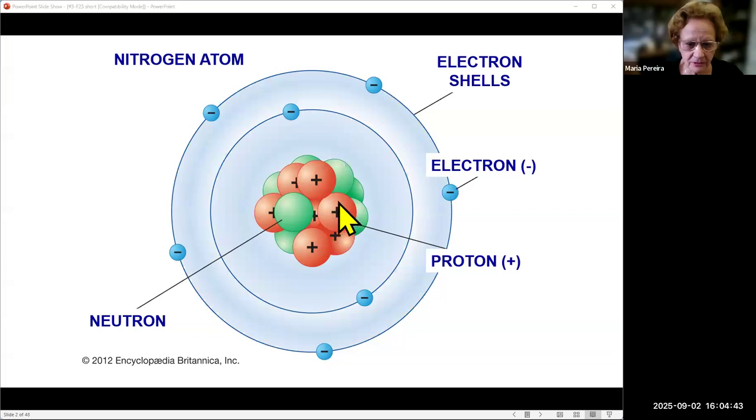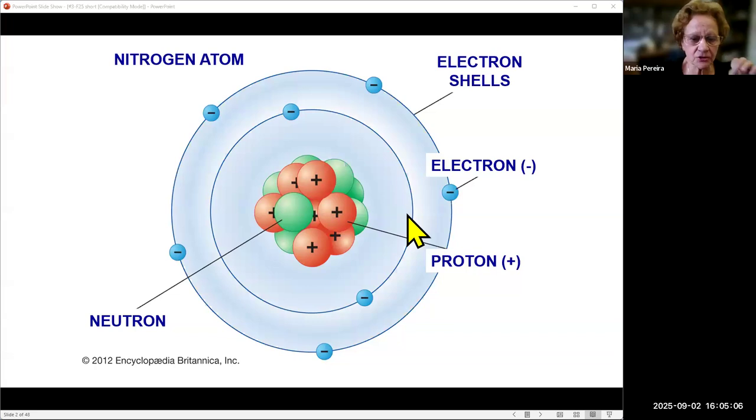The protons that are positively charged and the neutrons that are in the nucleus. So these two particles are inside the nucleus. Then on the outside, floating around in waves, are the electrons, and they are negatively charged.